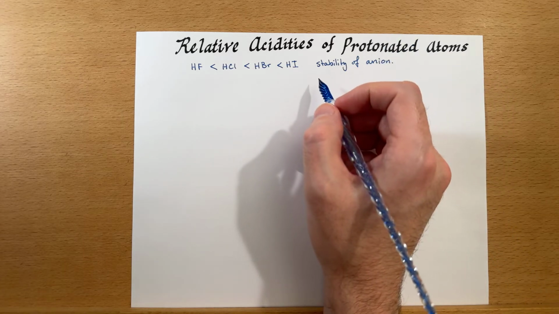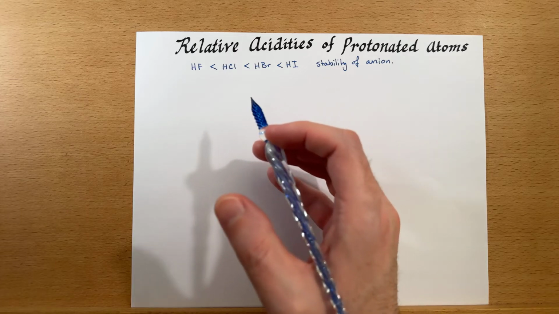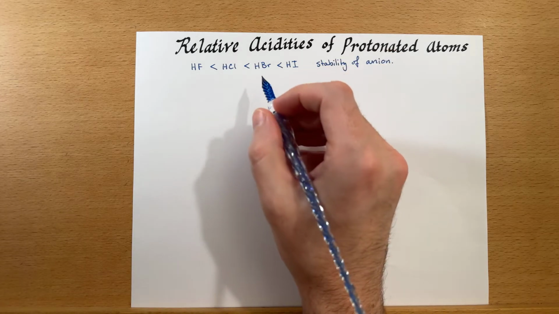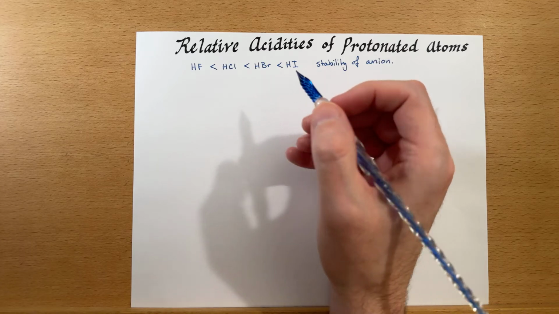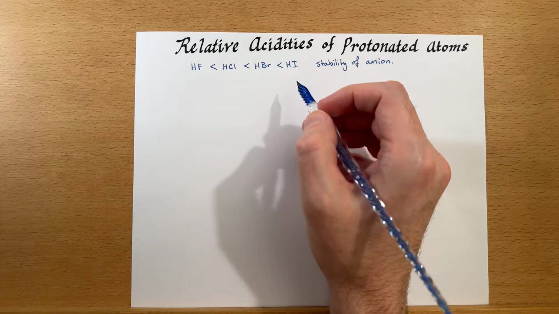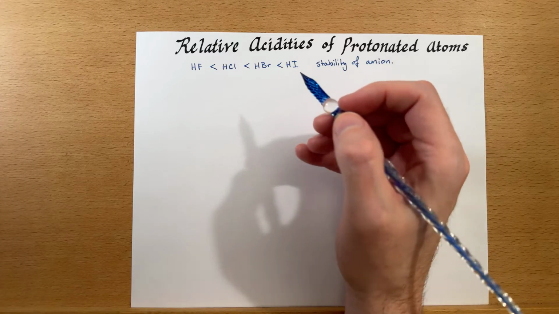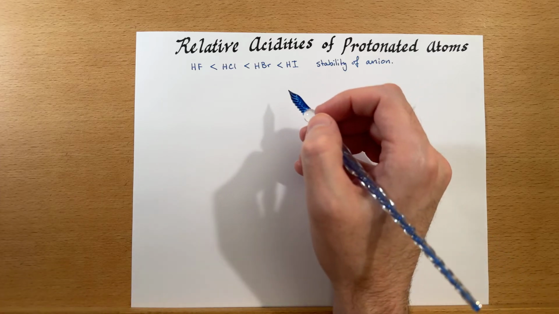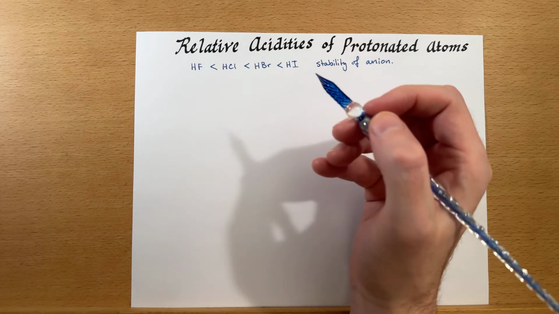And so when you get an atom that's just that much larger, you will end up spreading out that negative charge over a larger area or volume. Spreading charges over a larger volume increases the stability of that anion.